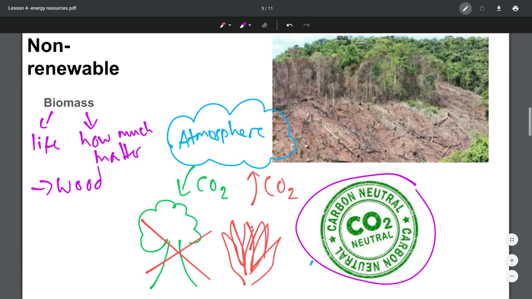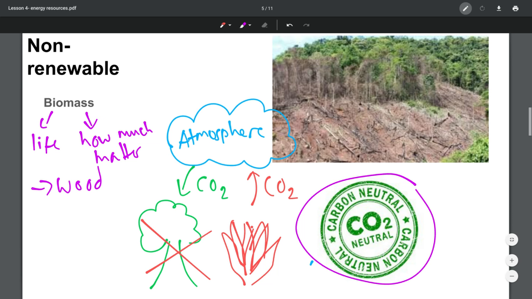Now, if you can plant trees to make up for the ones being burnt, then you take out the same amount of carbon dioxide as you put back in, and we call that carbon neutral. There is no overall increase in carbon dioxide in the atmosphere, and therefore there's no overall increase in the greenhouse effect.